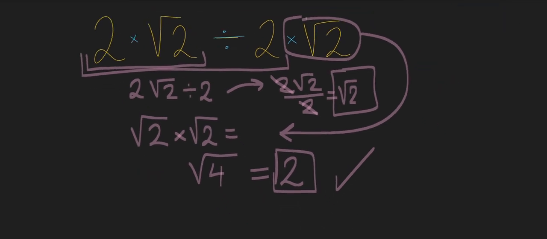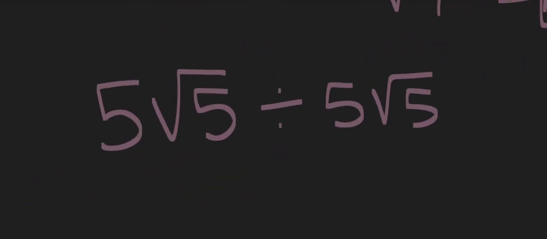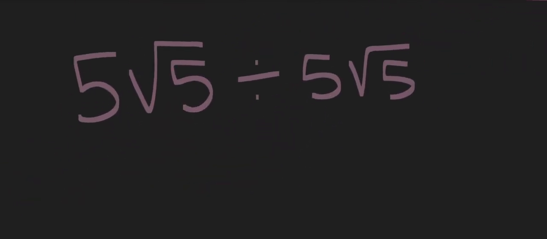We could have said, for example, let's say, 5 square root of 5 divided by 5 square root of 5. Again, we follow the same order here, right? We can say that 5 times square root of 5 is 5 square root of 5.